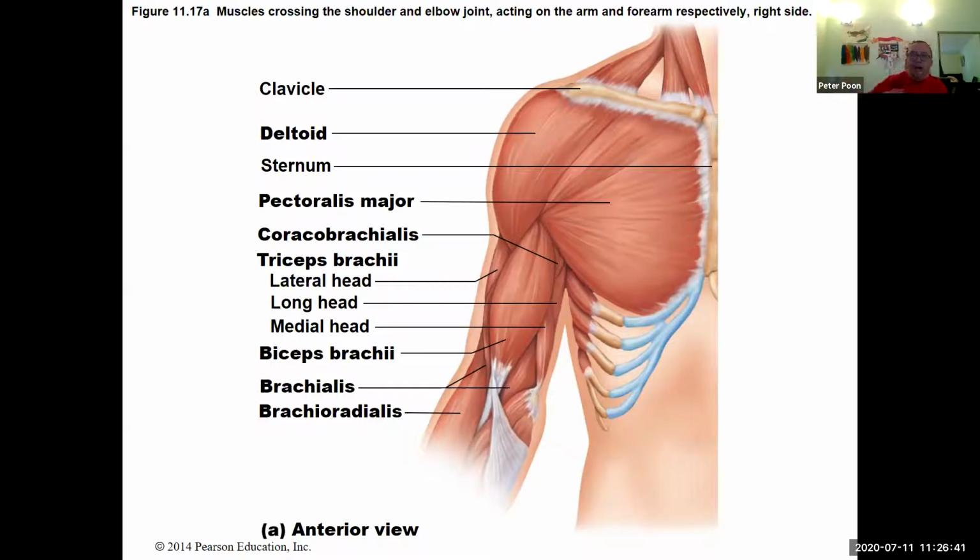The pectoralis major allows you to flex your arm. This is arm flexion. So this is forearm flexion. This is arm flexion. Don't screw that up. Hopefully that makes sense.